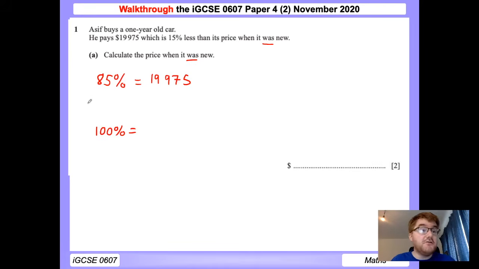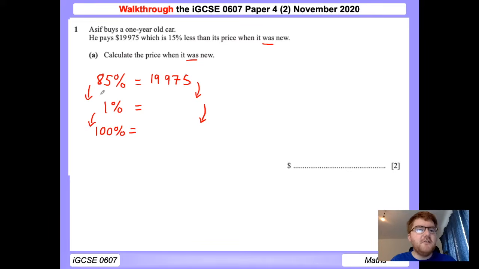Now, we can go directly. That is a method that we can use. What I tend to recommend to students is finding some kind of intermediary step. And what I would recommend is to work out 1%, this so-called unitary method, and then from 1% we can really easily find what 100% is.